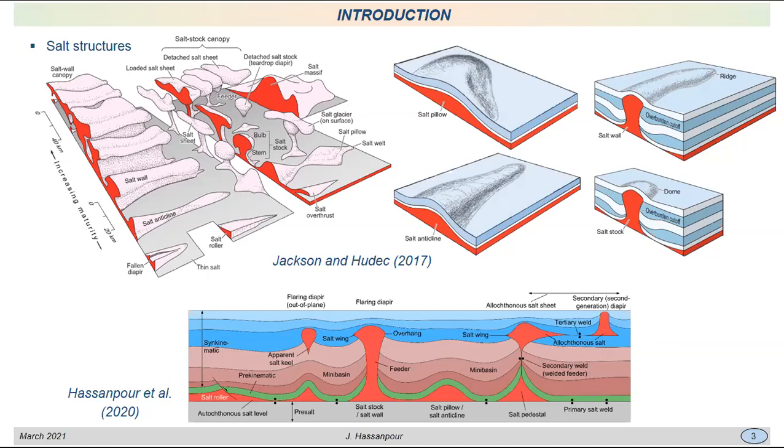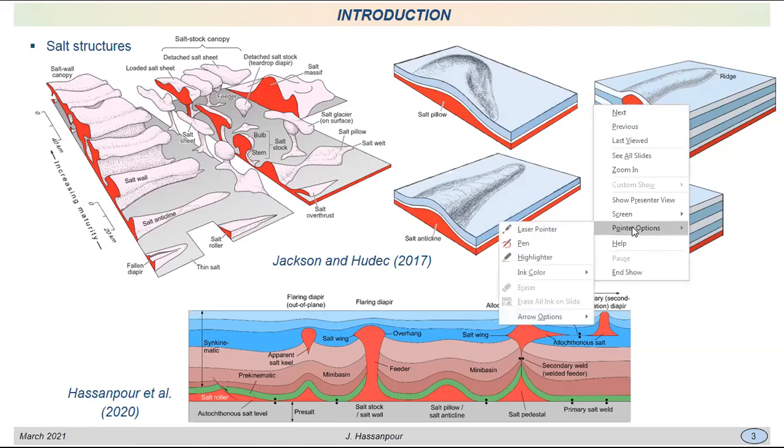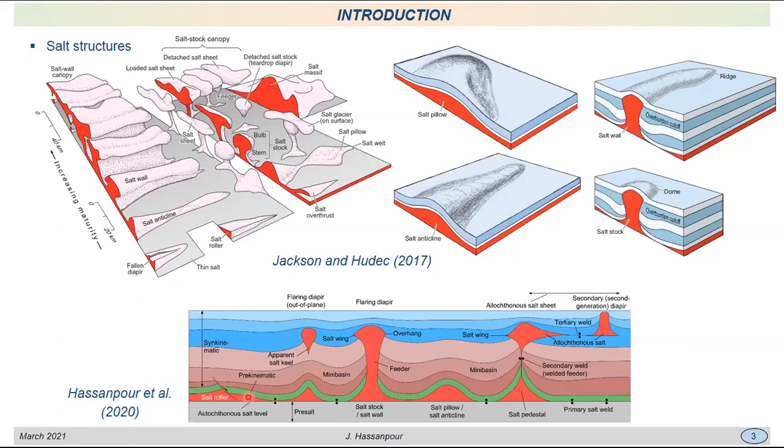These salt structures can be formed from the autochthonous salt layer, which is the original depositional level of the salt, or from the allochthonous salt level, which by definition is a sub-horizontal to moderately dipping salt body emplaced at higher stratigraphic levels above the autochthonous salt.